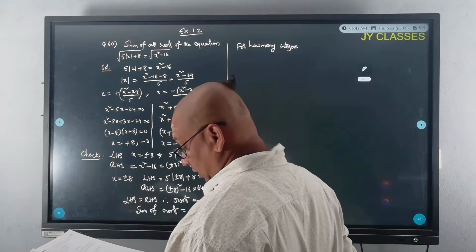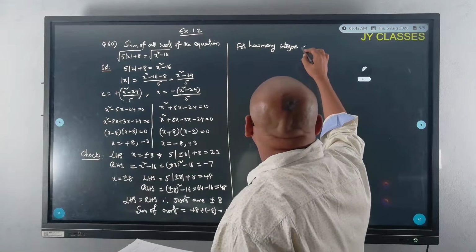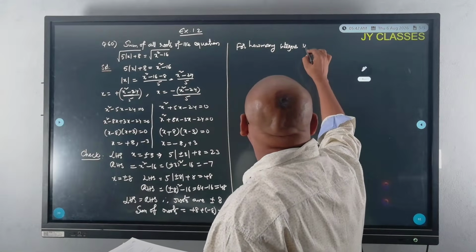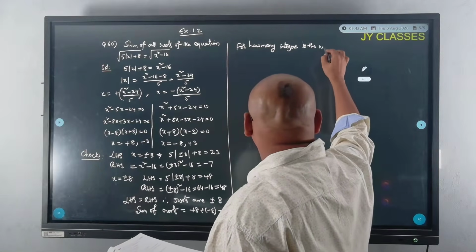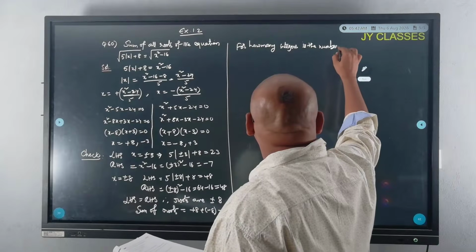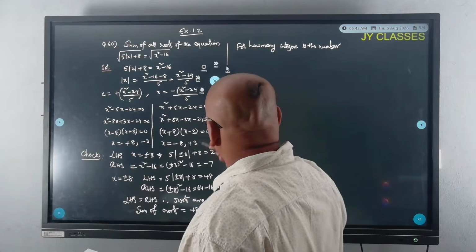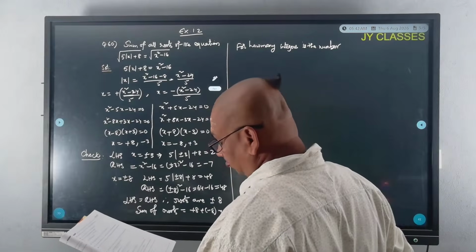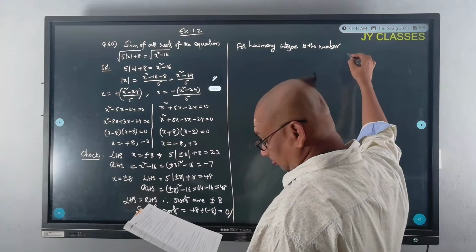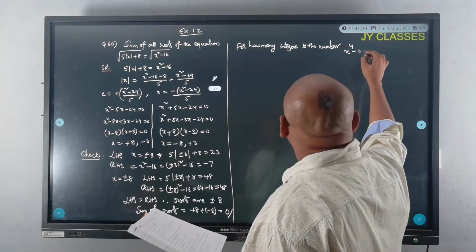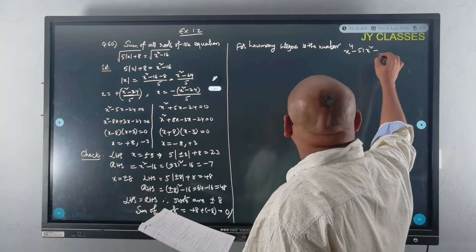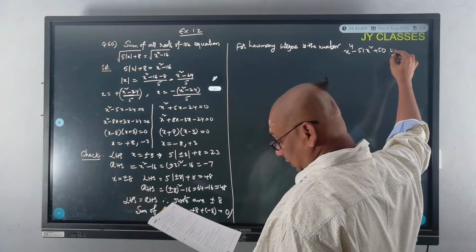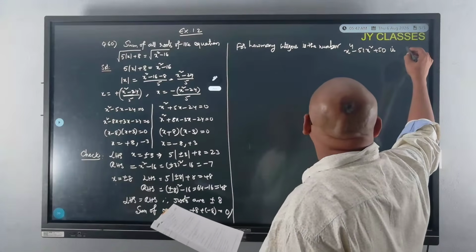For how many integers is the number x power 4 minus 51x square plus 50 negative?